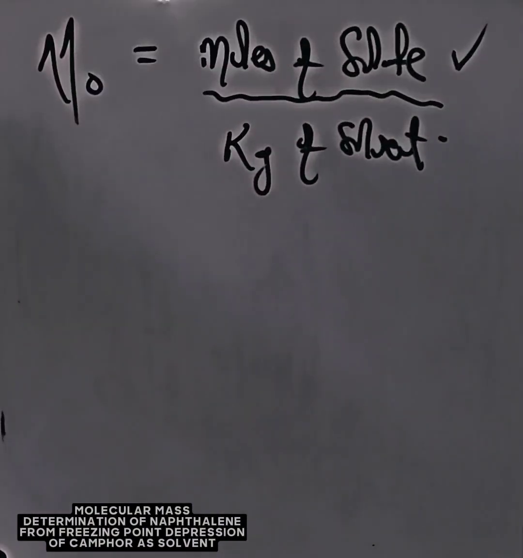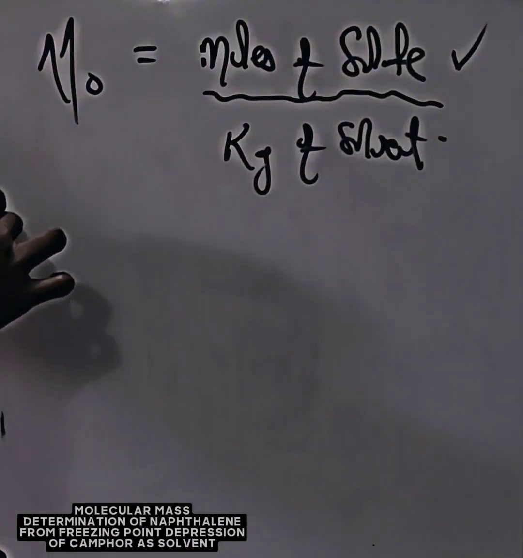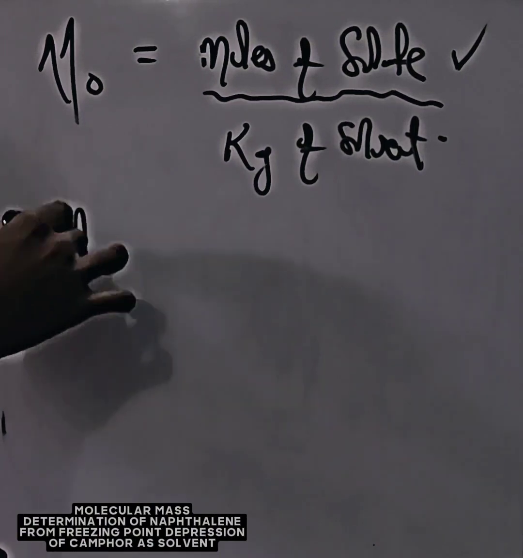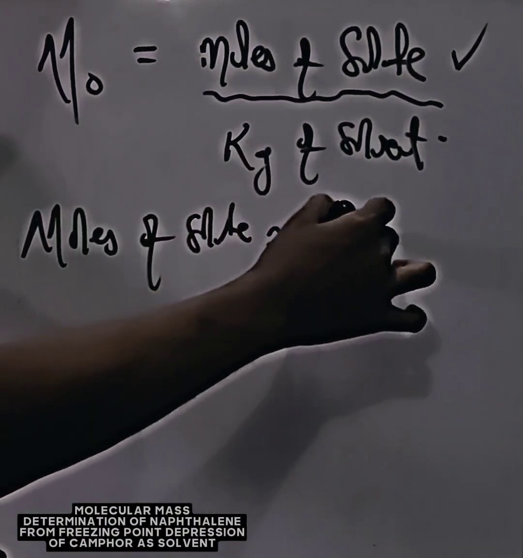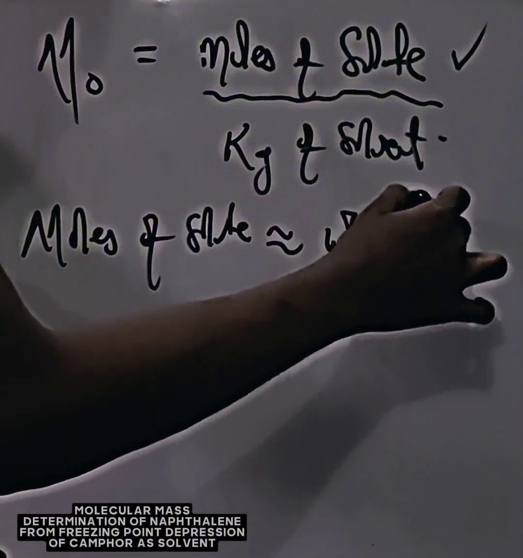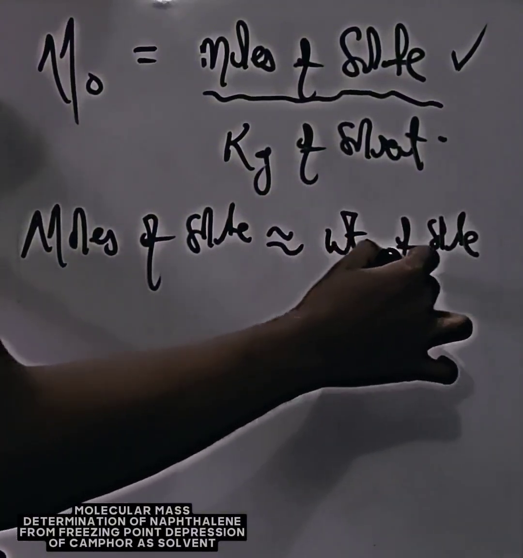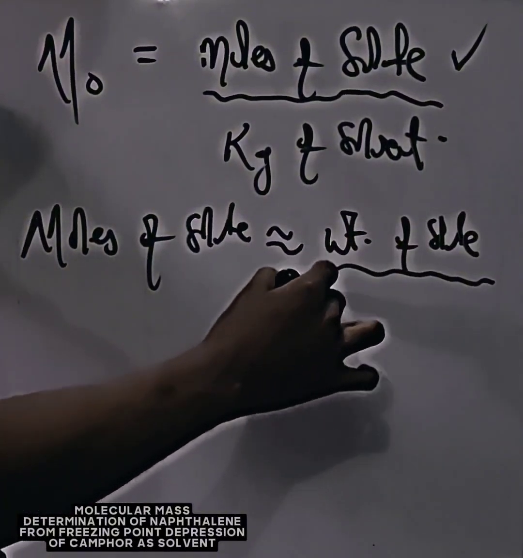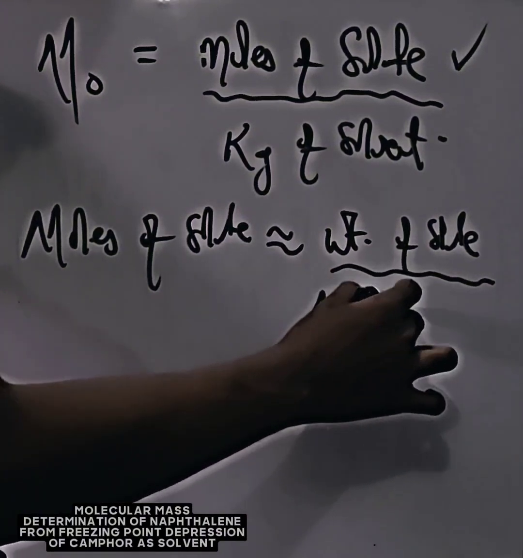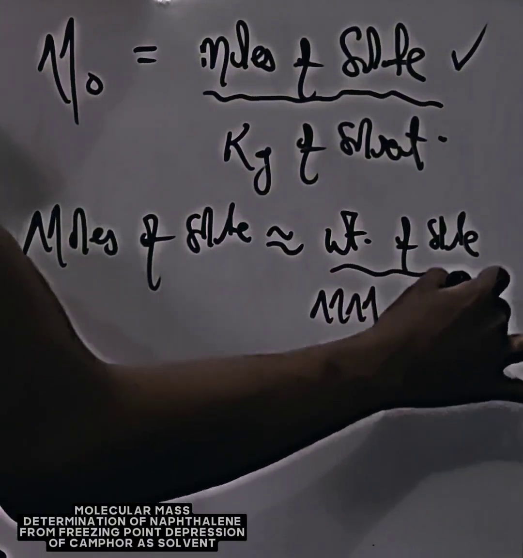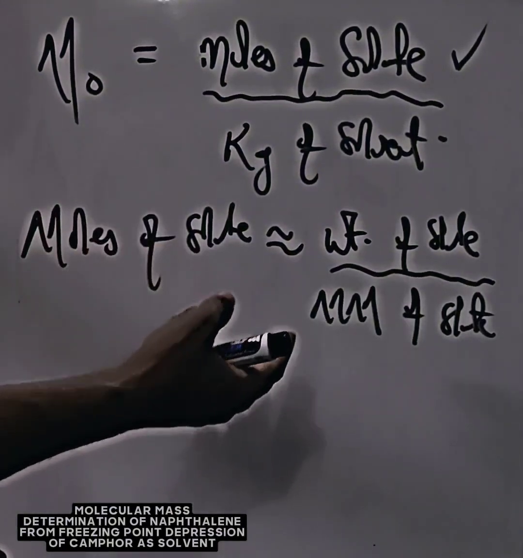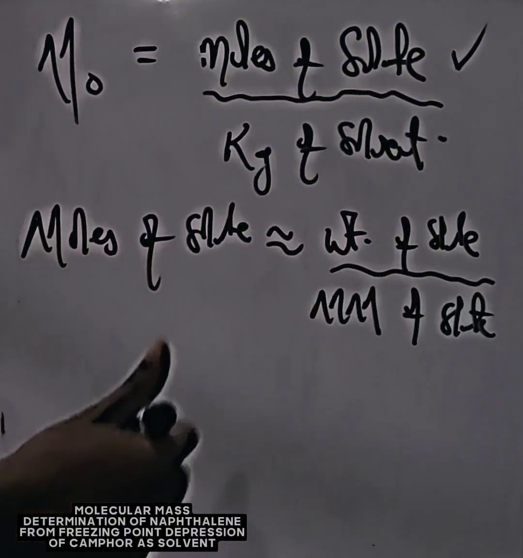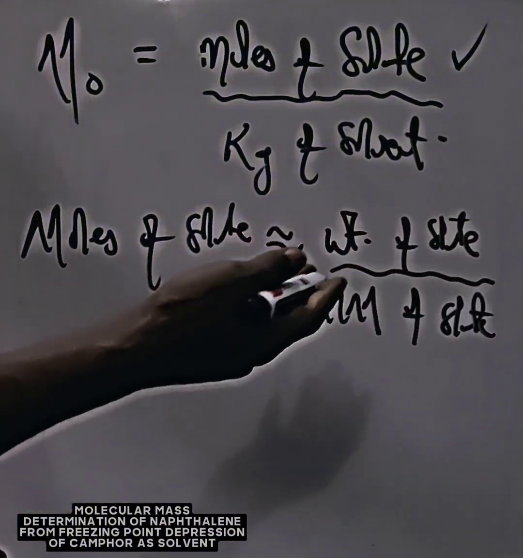Now let's define what moles of solute is first. Moles of solute is equal to the weight of solute divided by the molecular mass of solute.